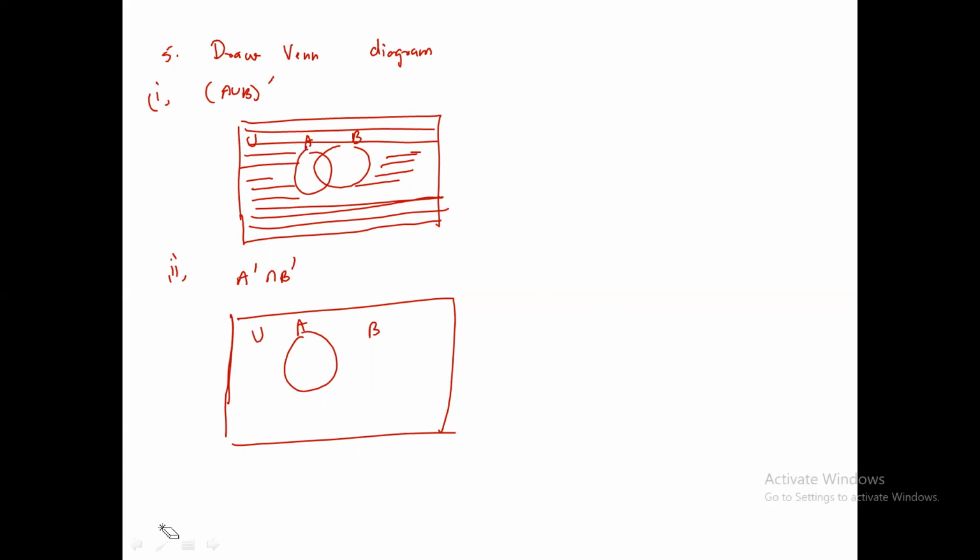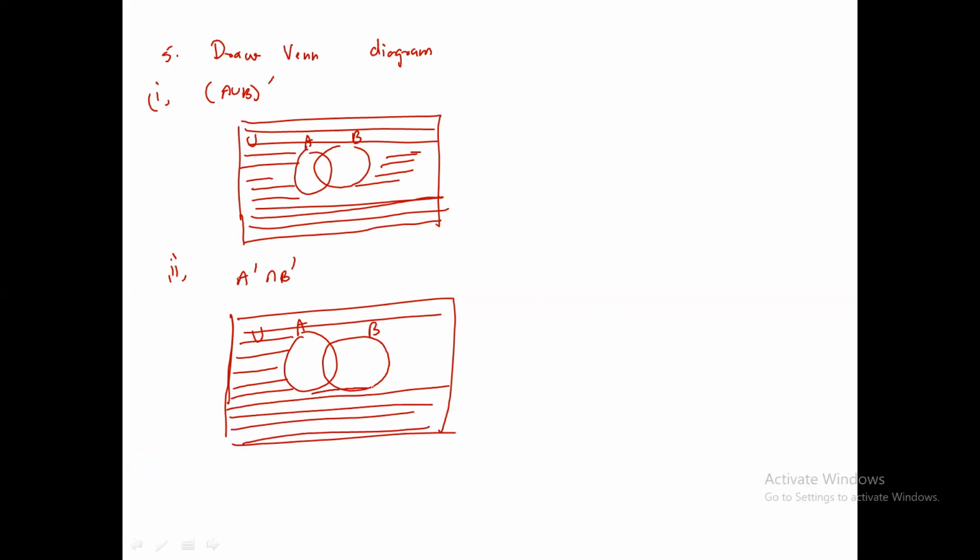A dash intersection B dash. So first I will take A dash. A dash means I will not color A. I will not shade A. That means except A, I can shade anything else.